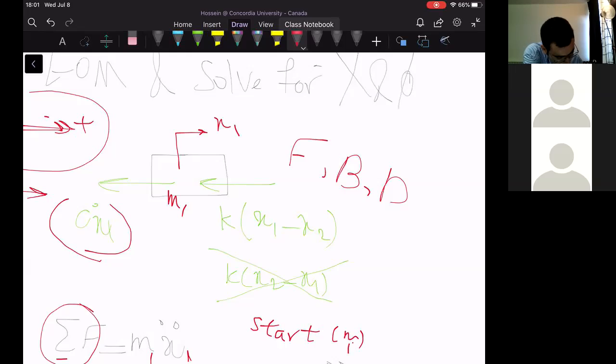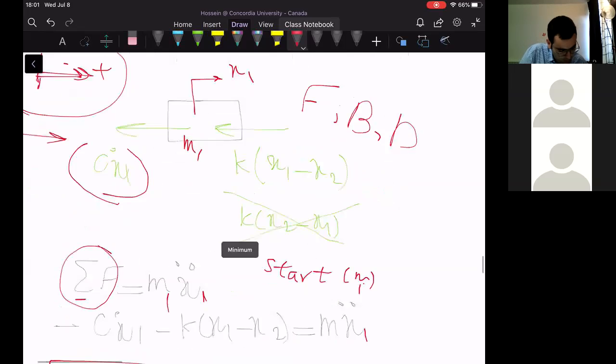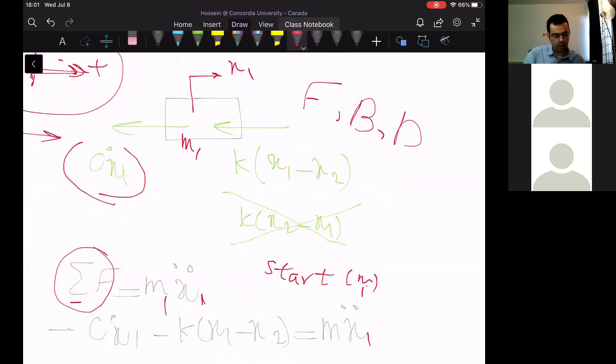m1. If you were supposed to write the equation of motion for m2, you would write x2 minus x1. Since I'm trying to derive the equation of motion for m1, I always write x1 minus x2, rather than x2 minus x1.